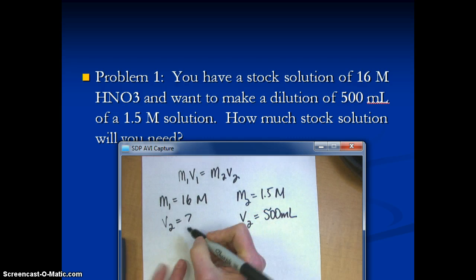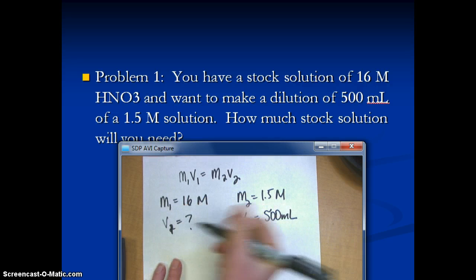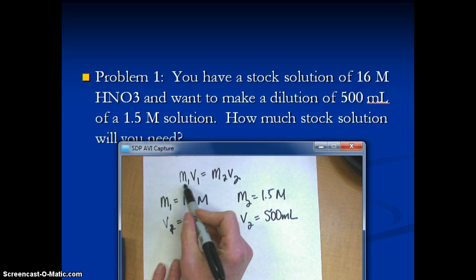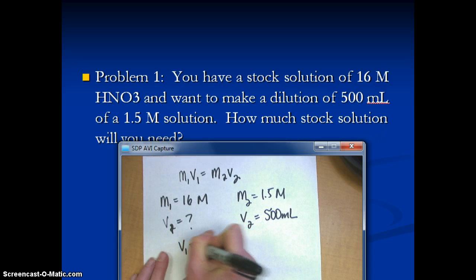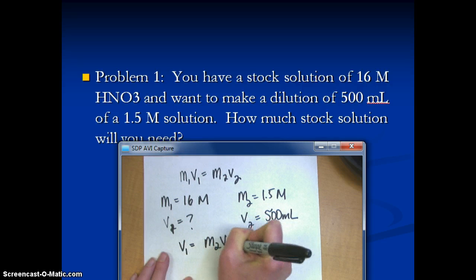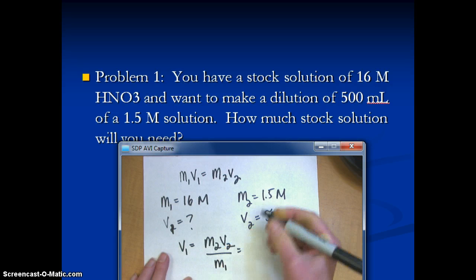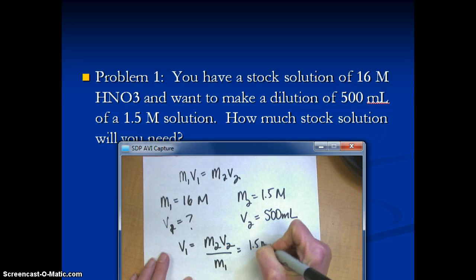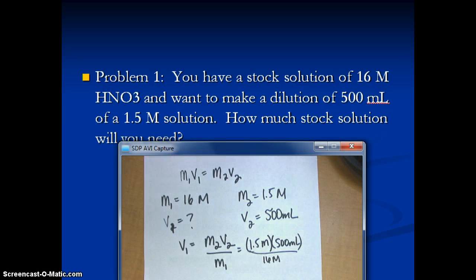So we'll just rearrange to solve for V1 by dividing both sides by M1. So it's going to be V1 equals M2 times V2 divided by M1. And so that equals 1.5 molar. You do not need to convert to liters in these problems. 16 molar.